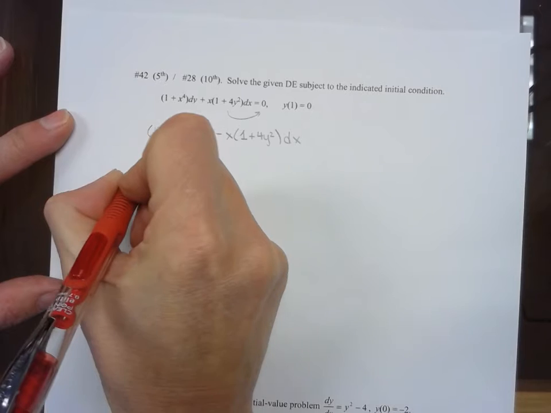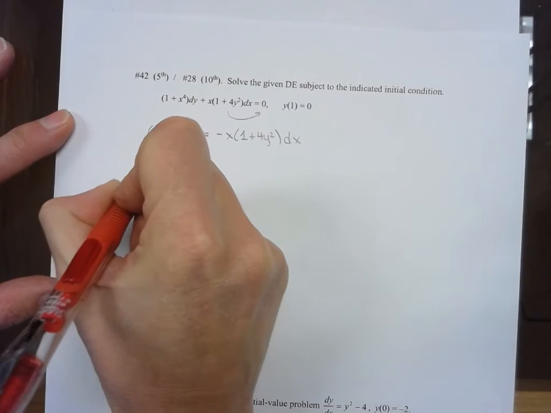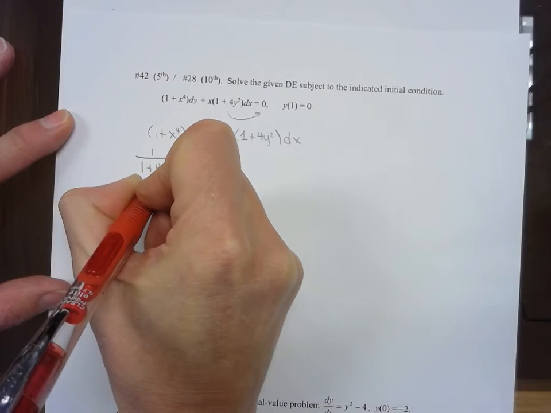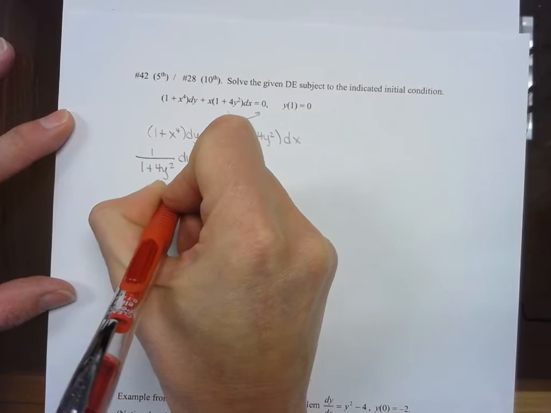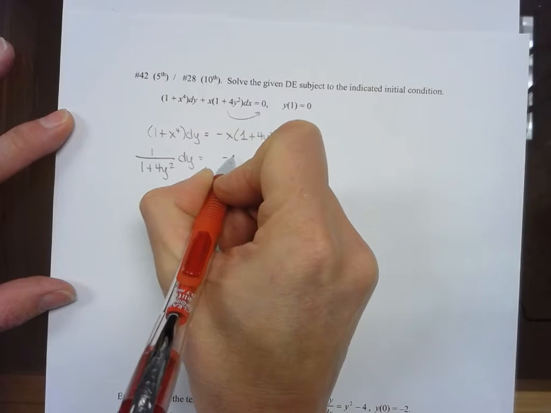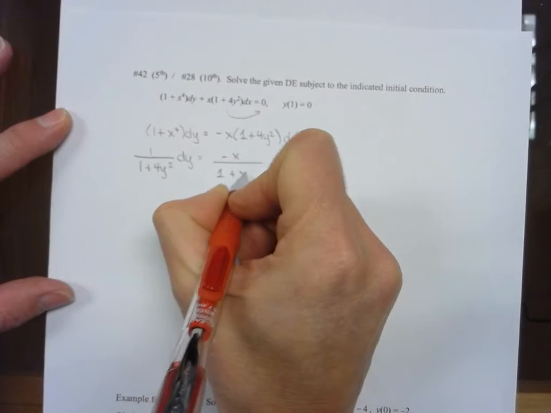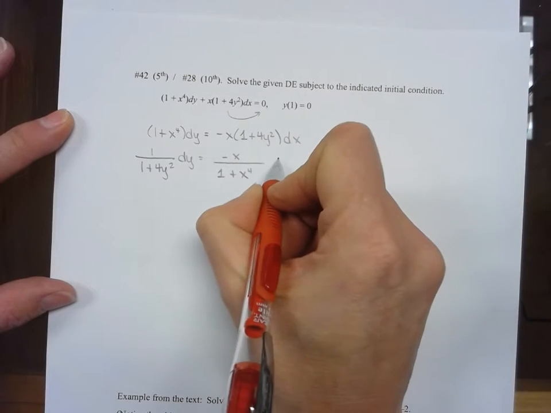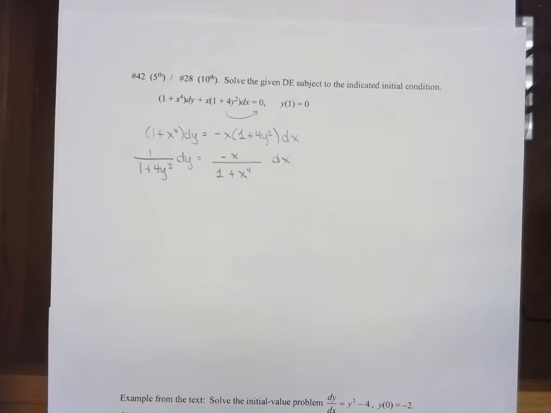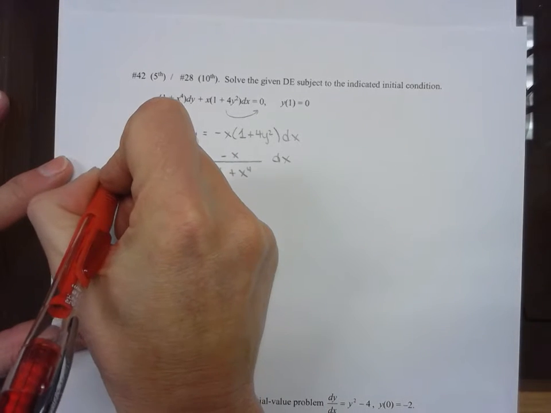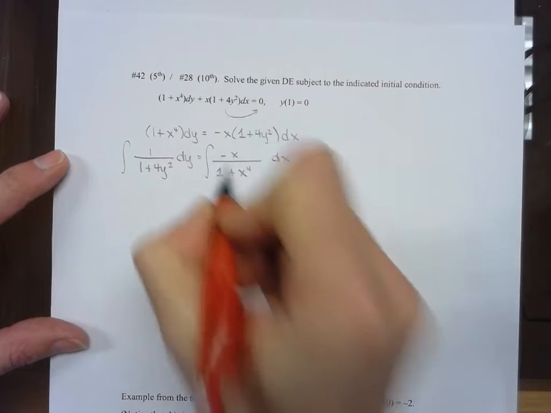So I'd get 1 over 1 plus 4y squared dy equals negative x over 1 plus x to the fourth dx. So now we have all the y's on one side, all the x's on the other, so we're ready to integrate on each side.